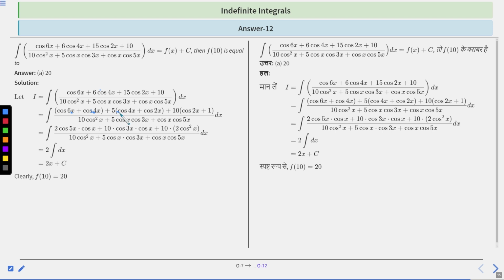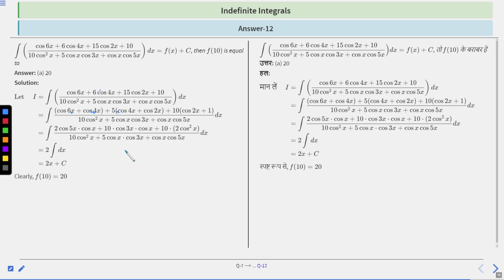Now you can again apply the sum to product formula. So cos 4x plus cos 2x can be written as 2 cos 3x into cos x, which becomes 10 cos 3x into cos x. Now cos 2x plus 1 can be written as 2 cos square x, which becomes 10 into 2 cos square x, right?